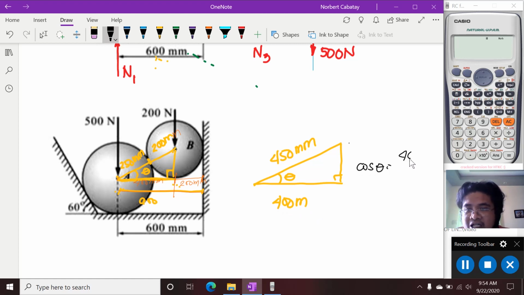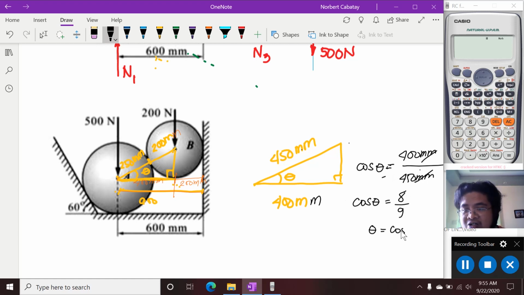So, 400 millimeters divided by hypotenuse na 450 millimeters. Of course, cancel yung millimeters. Cosine theta is 8/9. So, solving for the angle, that is arc cosine of 8/9 gives you how much?